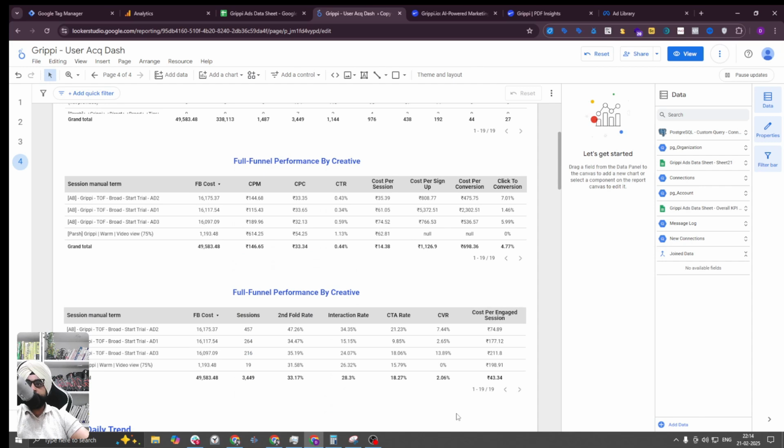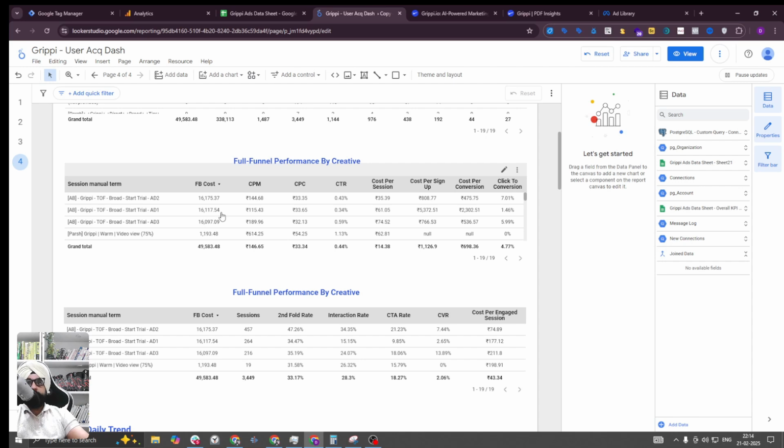Similarly, if we look at the conversion rates, then the conversion rate of ad 2 is around 7.44, of ad 3 it's around 13.89, and ad 1 is 2.65. All right. So what we can see clearly over here is that ad 1 is consistently performing at a poor rate, while the investment that we are making is similar across all the three ad creatives.